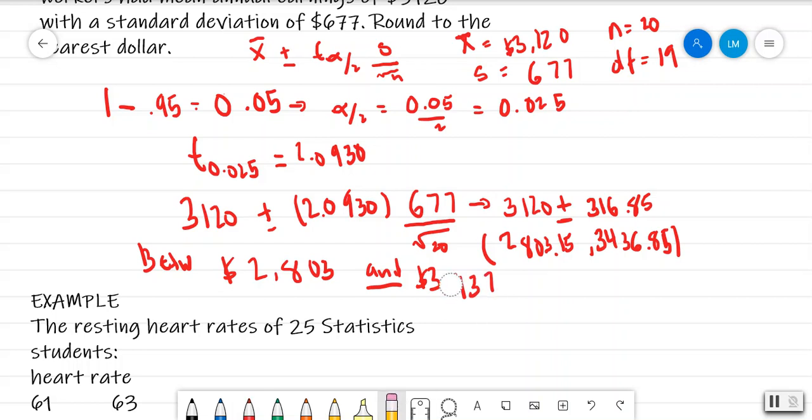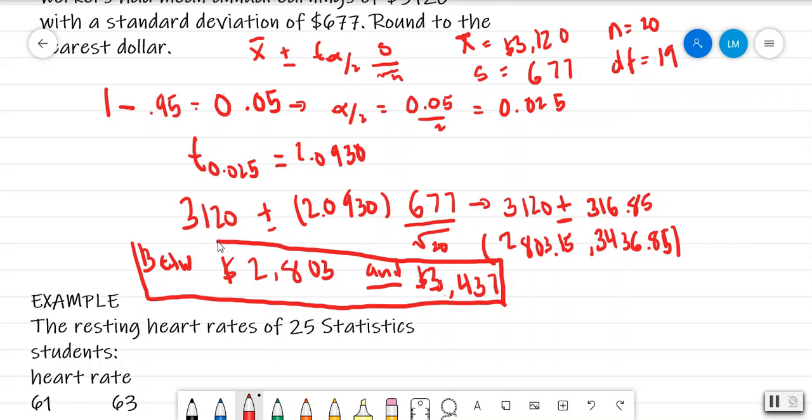We could probably just write this again so it looks a little cleaner. So that answers the question of finding the confidence interval.